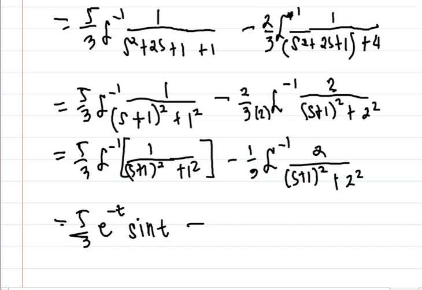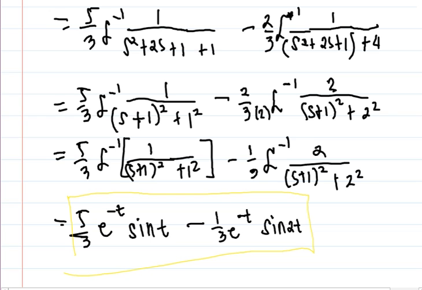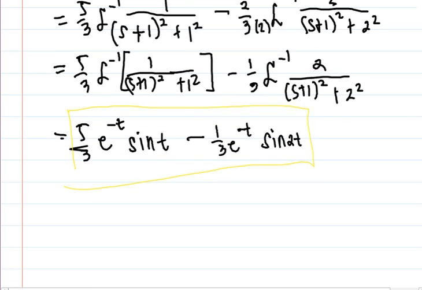Minus 1/3 e raised to negative t, first shifting, and our a is 2, so we have sine 2t. So this now will be our final answer.